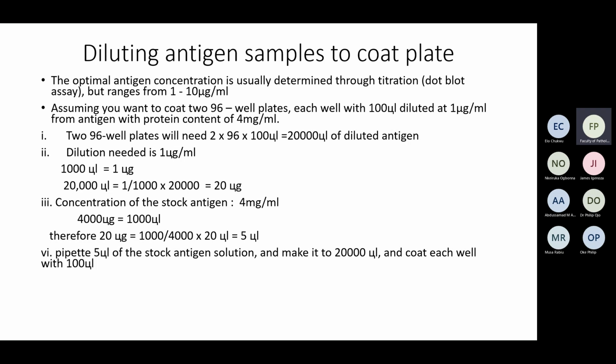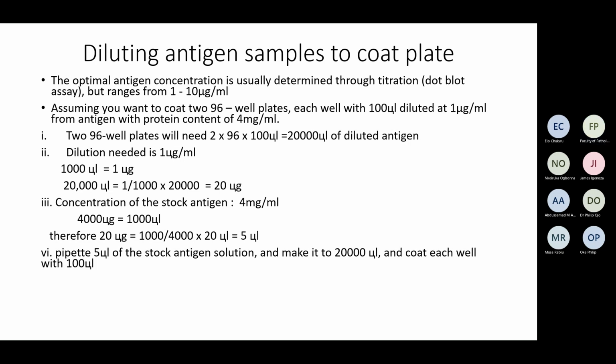So these 20,000 microliters are going to contain 1 over 1,000 times 20,000 micrograms. That means it's going to contain 20 micrograms. Each microliter should contain 1 microgram, but you want 20,000 microliters, so these 20,000 microliters should actually contain 20 micrograms.